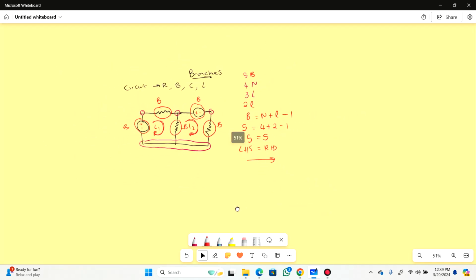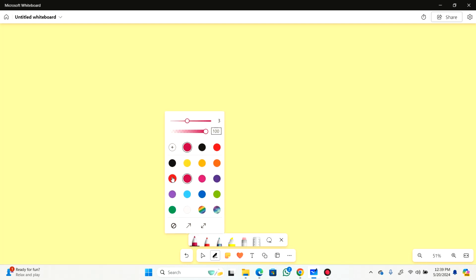Let's look at another example here. Let's say we have a circuit. We have a resistance, another resistor, one resistor there, another resistor there.